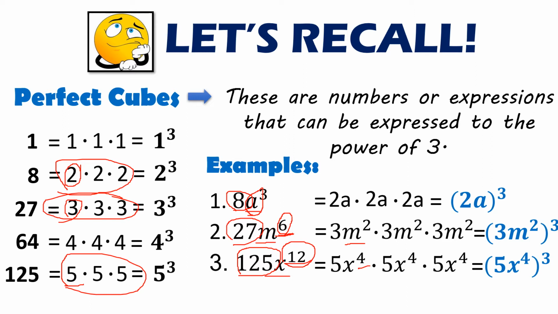So times 5x raised to 4 and another 5x raised to 4. So how are we going to express it to the power of 3? It is equal to the quantity of 5x raised to 4 raised to 3. Good job!